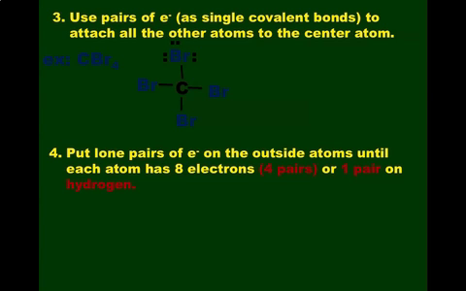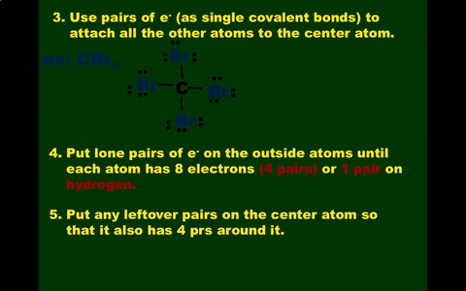I've used 4 pairs in the center, and then 3 more on the outside of that bromine, so that's 7 pairs, 8, 9, 10, 11, 12, 13, 14, 15, 16 pairs, which is how many I had in the beginning. If we have any leftover pairs, they go on the center atom so that it also has 4 pairs around it, but as we already talked about, that carbon was already full.